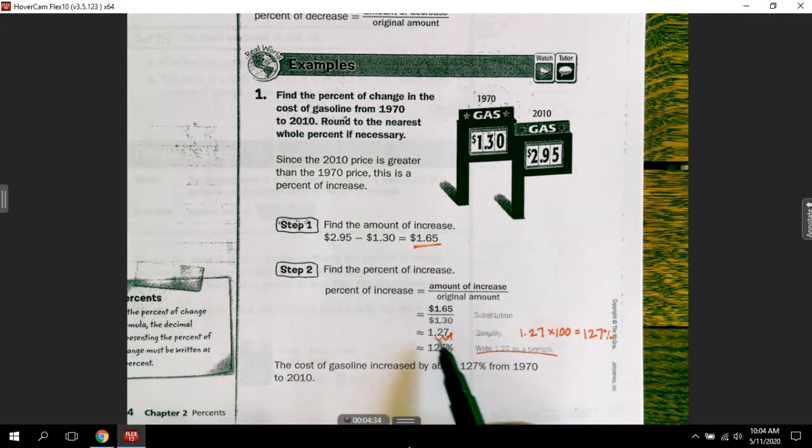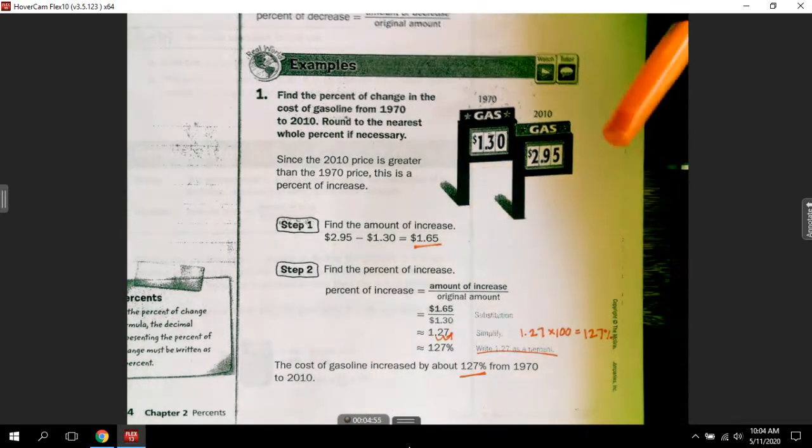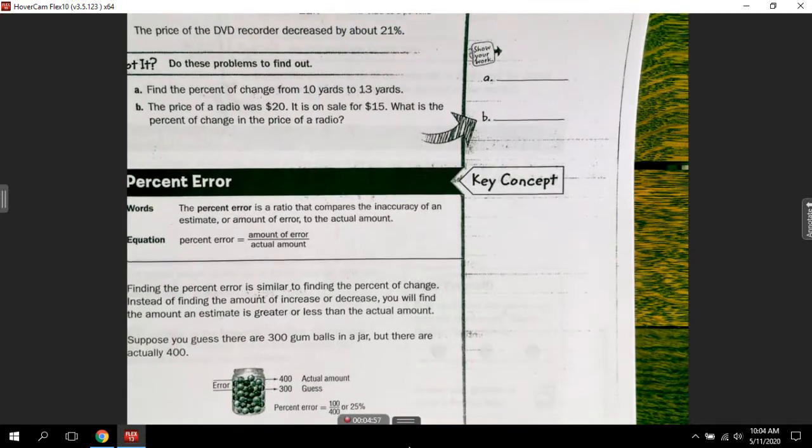So either move your decimal 2 places to the right, or just multiply your answer by 100, okay? So that means that the cost of gasoline increased by about 127% from 1970 to 2010. Please remember to put that percent sign in your final answer, okay, because it's a percent of change. So put that percent sign there. Okay, so not too bad.